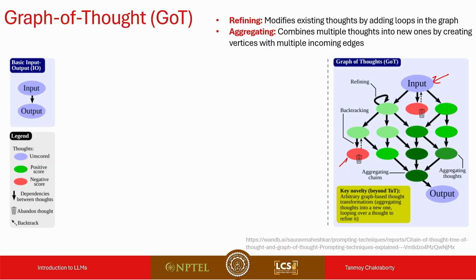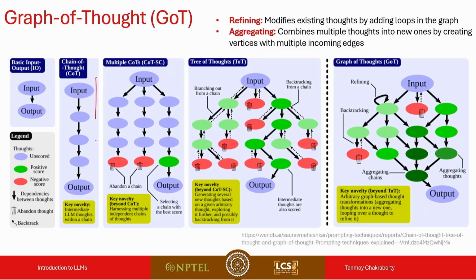So here also you start with an initial thought, and then you branch out, you can backtrack, you can refine, you can reuse some of the existing thoughts, and so on and so forth. Okay, so you need an aggregator which will decide whether two thoughts can be combined or not, like this.